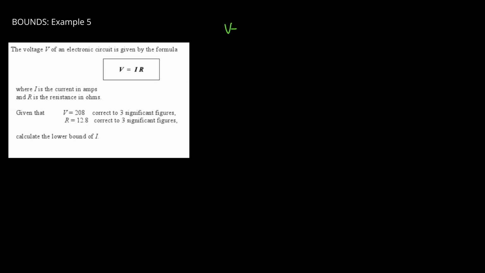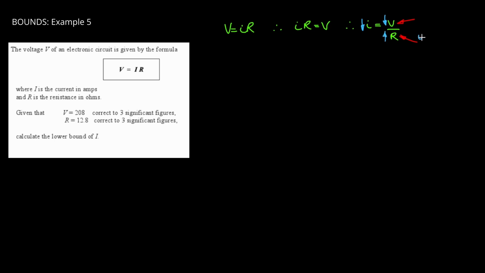So if V equals IR, just moving the equation from right to left, now divide both sides by R and we get that I is equal to V over R. And we've got a formula with a numerator on the top and a denominator on the bottom, which means, to calculate the lower bound, if we need this to be the lowest value, then the voltage has to be the lowest value, but the resistance has to be the highest value.